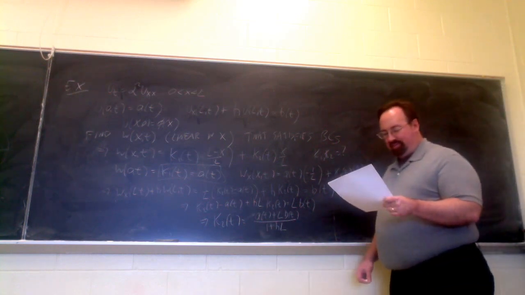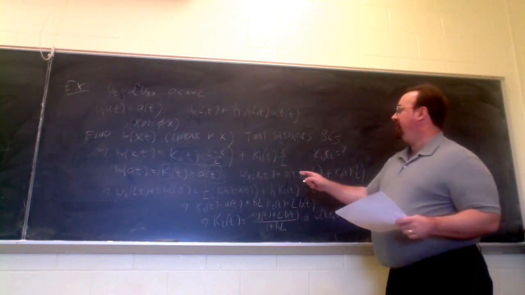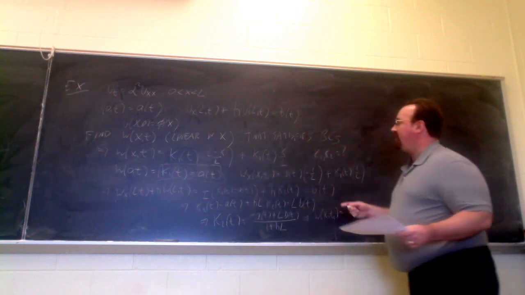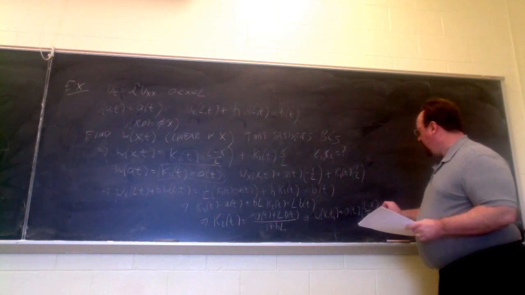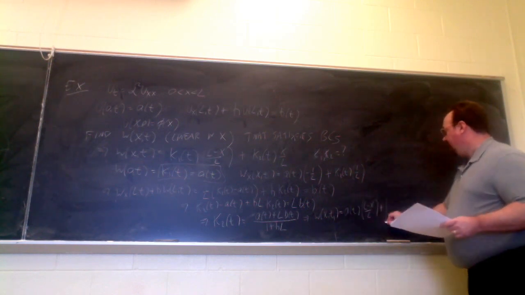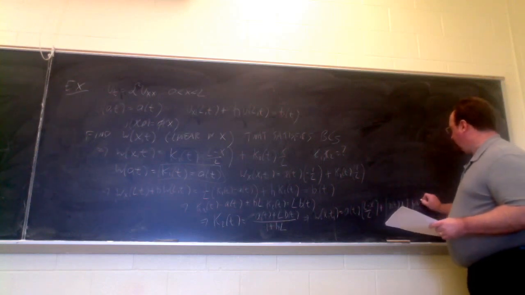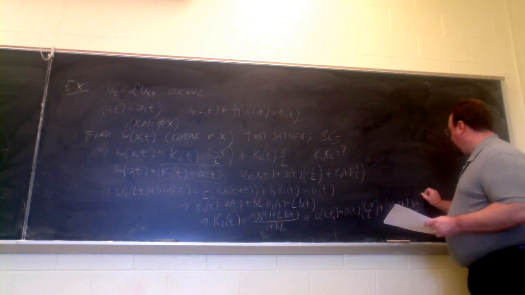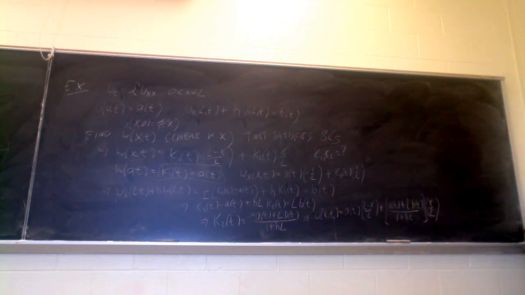All right, so now my W of x,t is all this, but with K1 and K2 filled in. So it's A of t times L minus X over L, plus K2 of t, which is A of t plus LB of t over 1 plus HL, times X over L. Something strange here in the notes also.